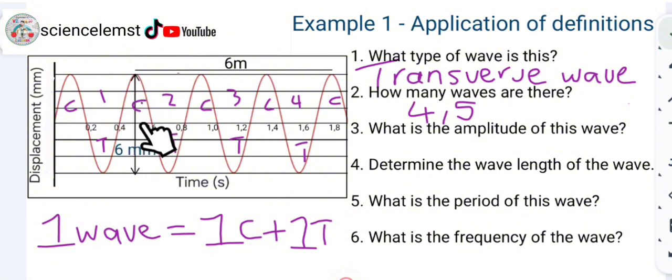From this line going down there, I get amplitude. So now they gave me from the top to the bottom 6 millimeters, and I just want half of that because that gives me amplitude. So to calculate my amplitude, I'm going to say A equals 6 divided by 2, which equals 3 millimeters.